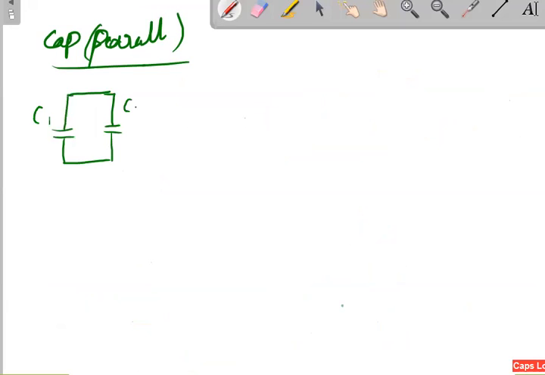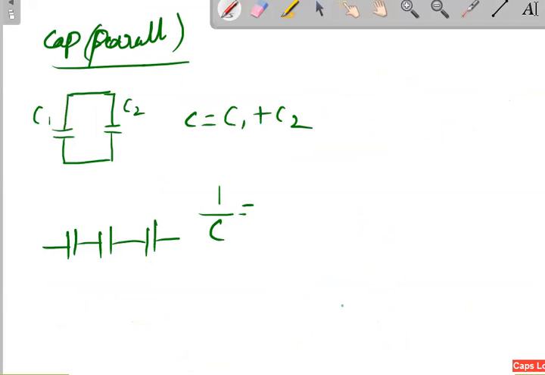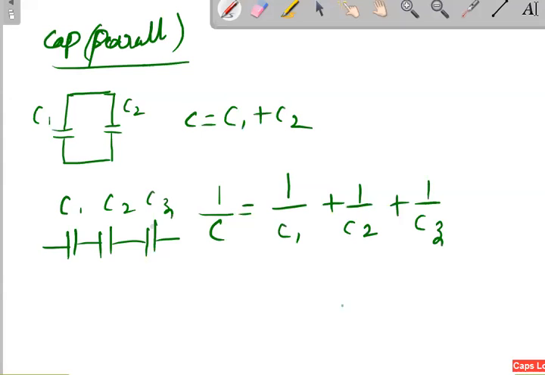Simply C is equal to C1 plus C2. If they are connected in series, 1 by C equivalent is equal to 1 by C1 plus 1 by C2 plus 1 by C3. This is parallel and this is for series.